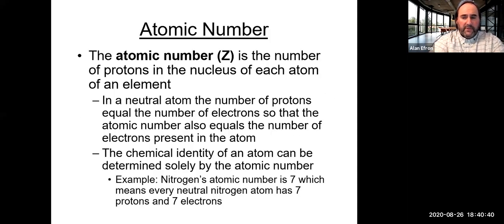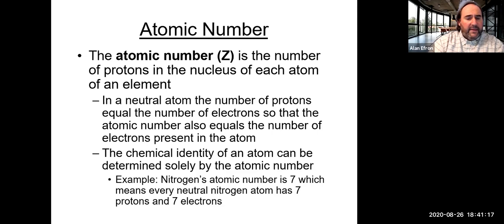So the first important number that we're going to talk about is the atomic number. The atomic number is sometimes abbreviated with a Z. The definition of the atomic number is that it tells you the number of protons in the nucleus of an atom. Now, if an atom is neutral, which means it has no overall charge, if you think about the three types of particles we've just been talking about, protons are positively charged, electrons are negatively charged, and neutrons have no charge.